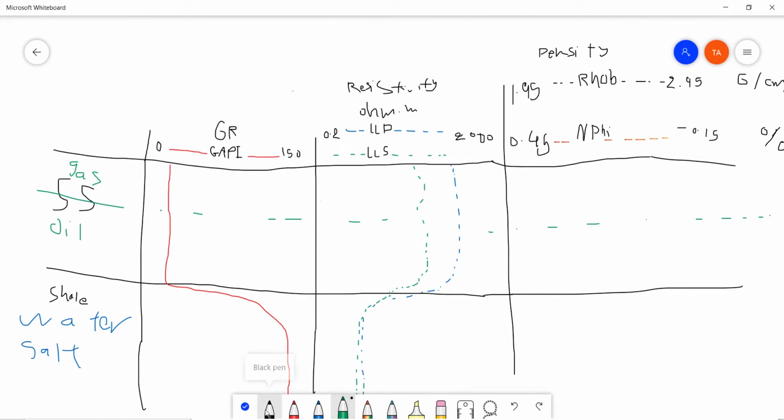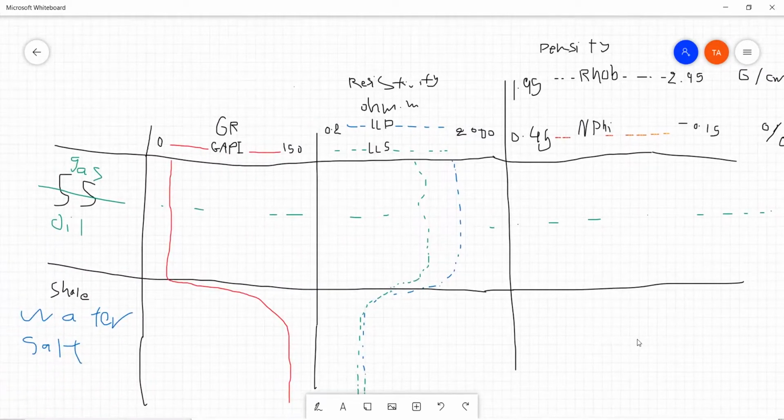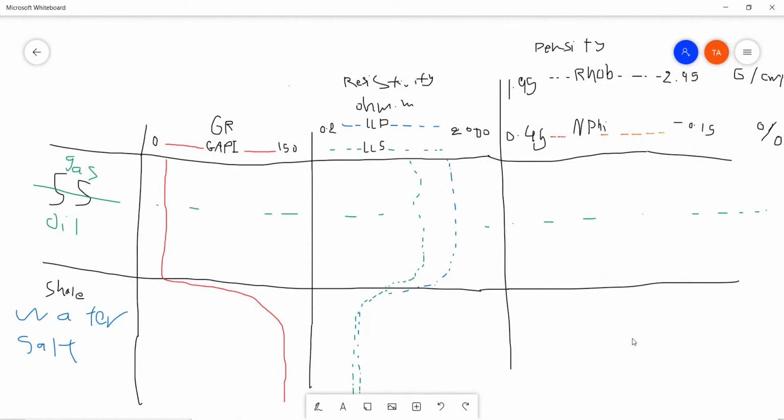So how will the density logs respond in these zones? As you know, gas has low density, so the rho b, or the bulk density, will be low.